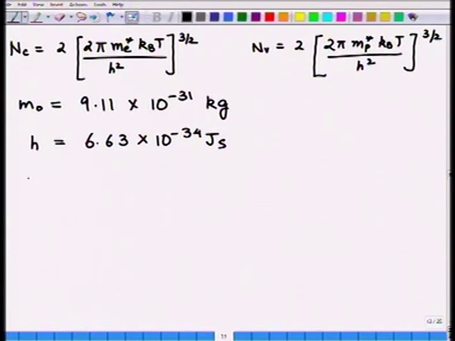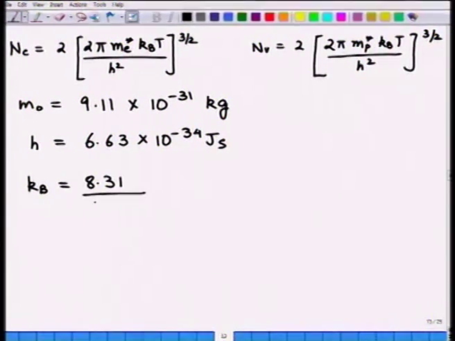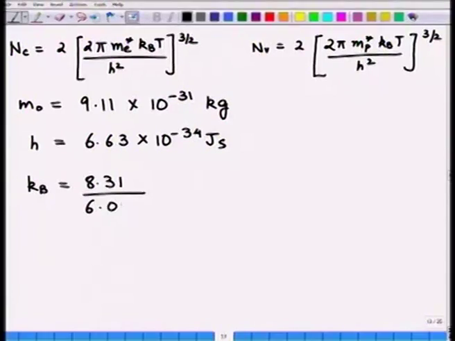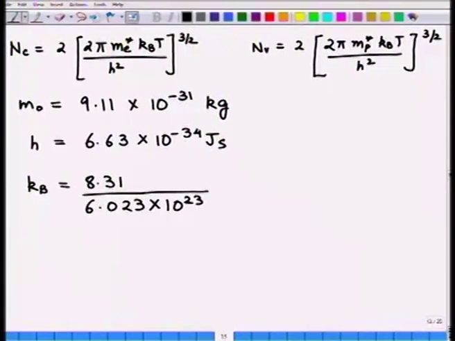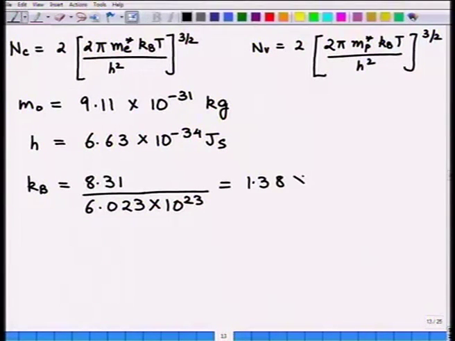So, we can substitute in there, and Boltzmann constant k_B of course is equal to 8.31 divided by 6.023 into 10 to power 23. You can carry out this calculation, just check on this, I believe it is 1.38 into 10 to power minus 23 is what k_B will be equal to.